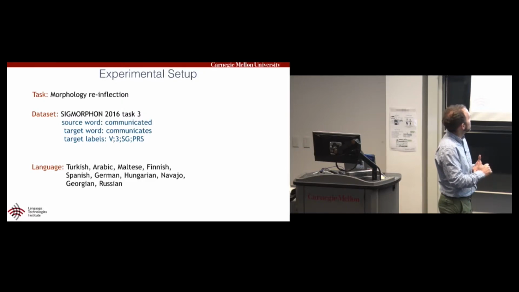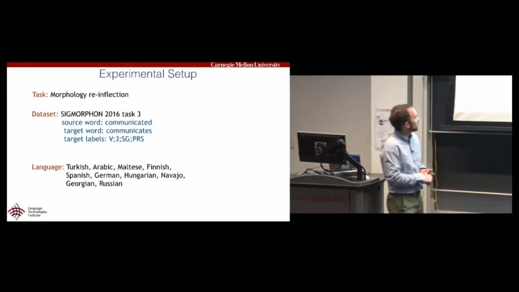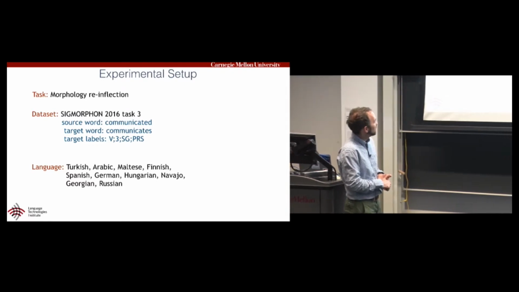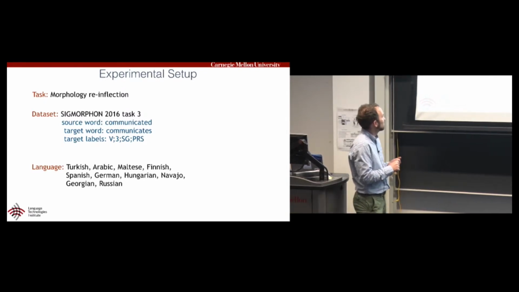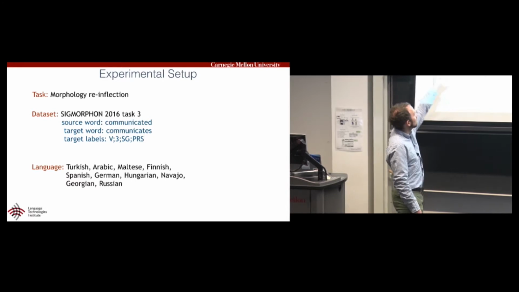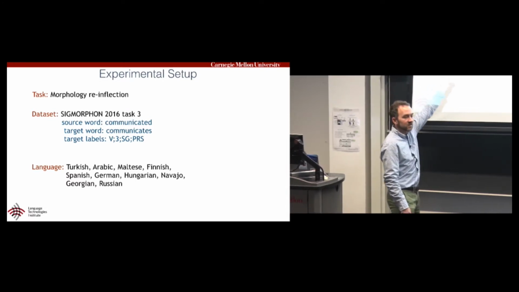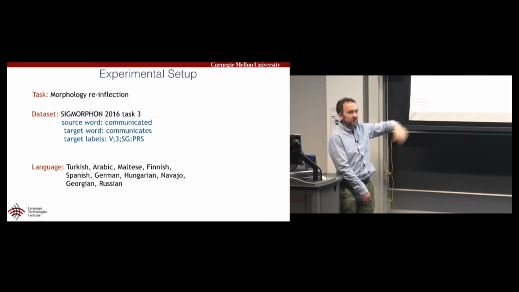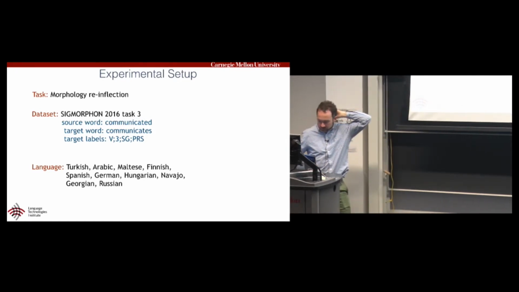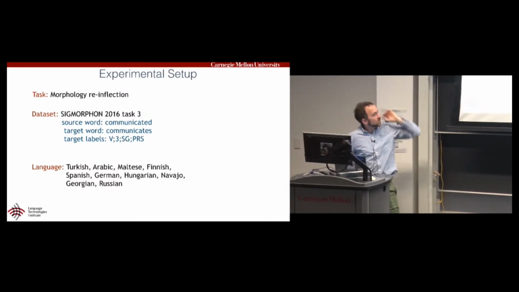Basically the idea here is you get a source word like communicated and a target word like communicates, and you also get target labels that say the kind of syntactic features of the output target word. And given the source word and the target labels, you need to generate the target word. And we tried this on a bunch of different languages, on more complicated languages, including things like Turkish and Finnish, etc.